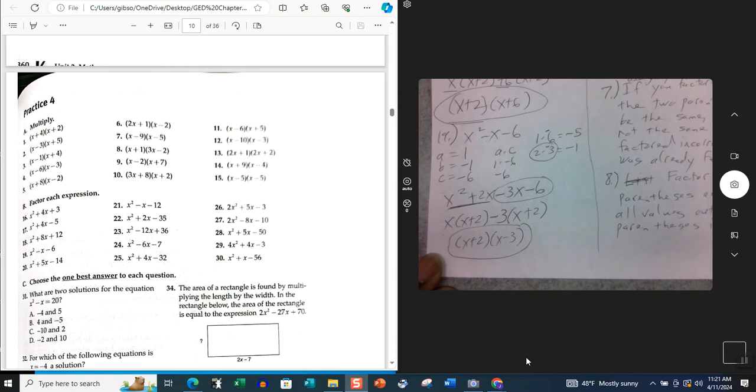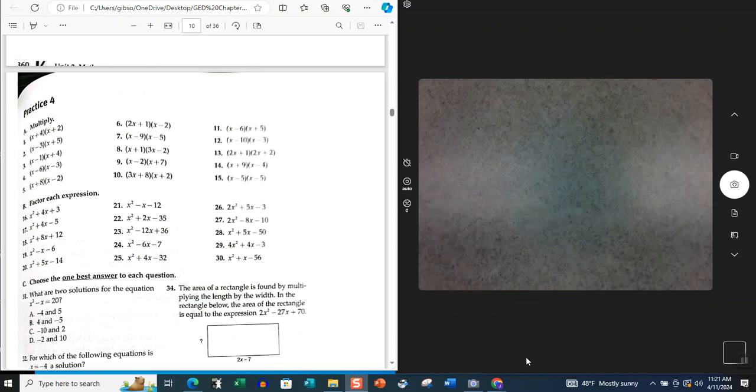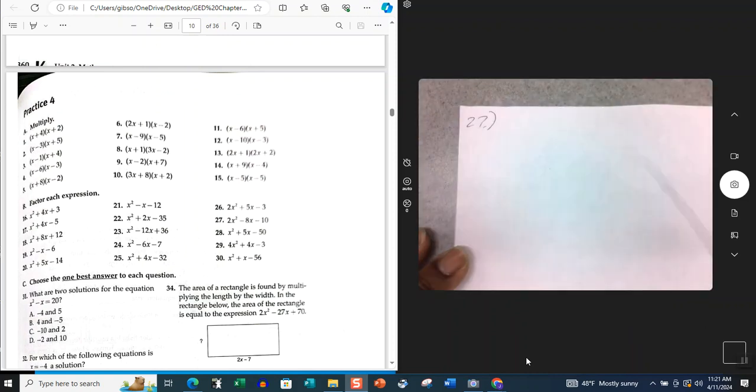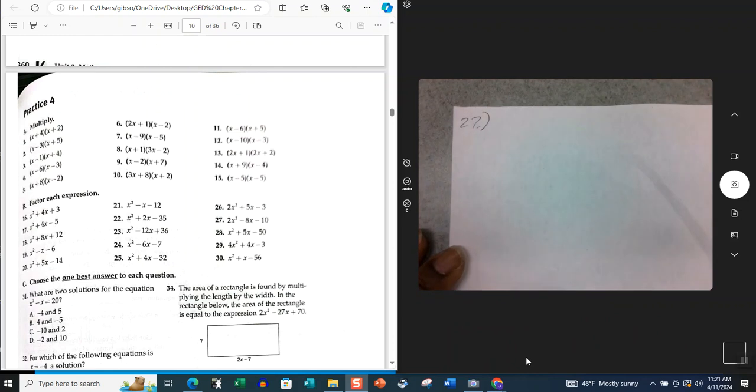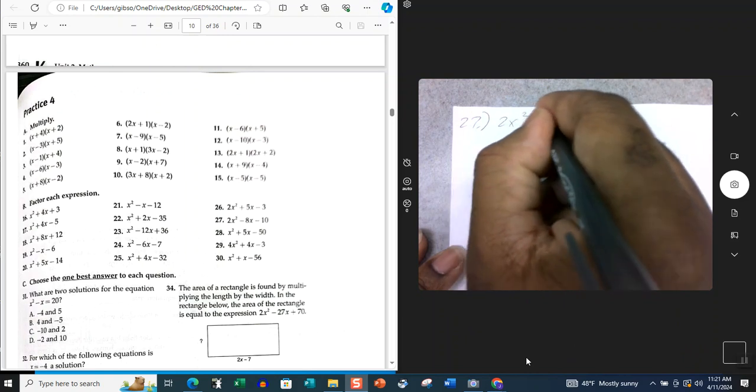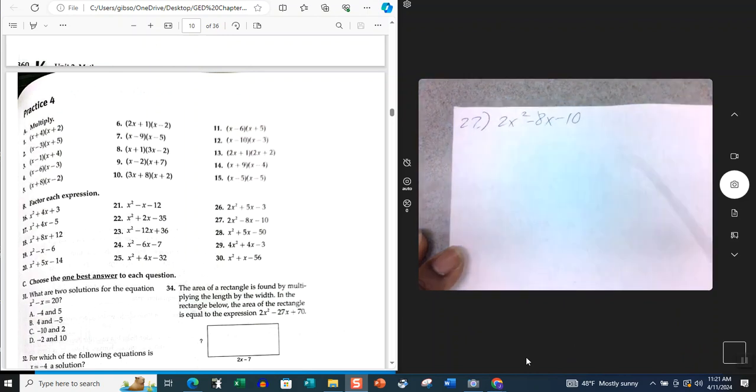Now I'm going to skip over to one where we actually have to do some factoring. So let's do 27. And when I say factoring, I'm talking about at the beginning of the problem. So we had 2x squared minus 8x minus 10.